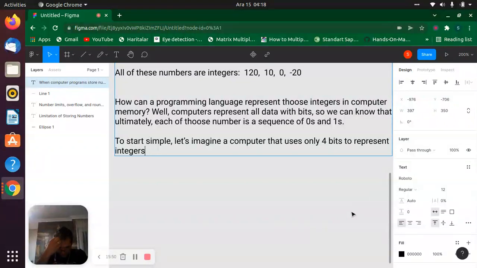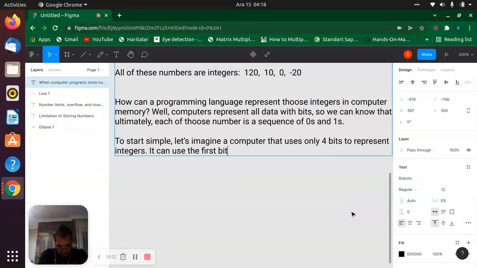To represent integers, it can use the first bit. This is the important place. Again, listen carefully.